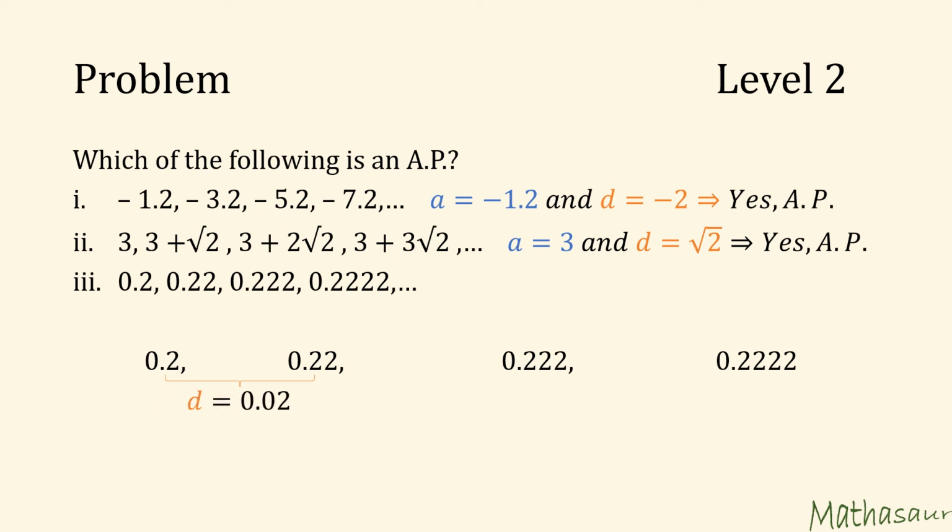It comes out as 0.02. Let us look at the difference between the second and third term. It comes out as 0.002, which is different from the difference between the first and second term. Since these differences are not equal, the given pattern is not an arithmetic progression.